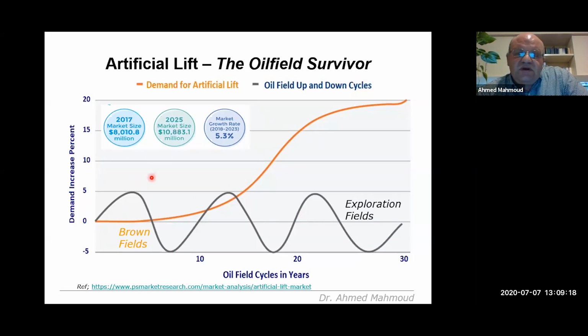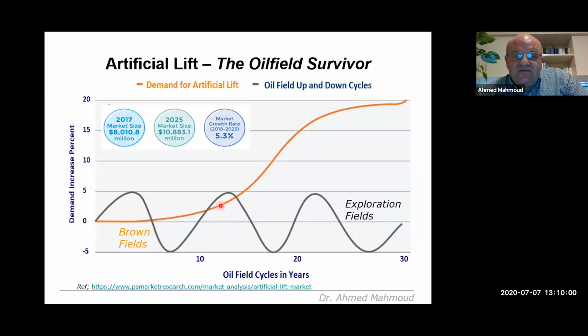However, if we take some more in-depth analysis of how much need there actually is for artificial lift systems in the future, we will see that we are growing at a rate of 5.3% within every 7 to 10 years. And the reason for that is because as the industry starts to diversify into deep water or offshore, or now, as we are back into more onshore operations, more and more demand is always going to be there for artificial lift methods, whether it's in the brownfields or when the next upturn comes in, to increase production.